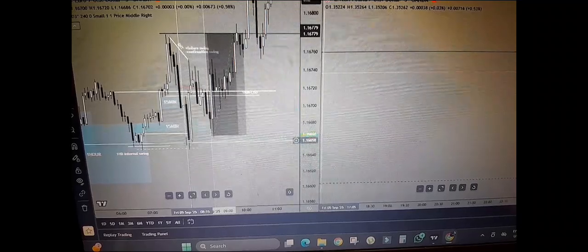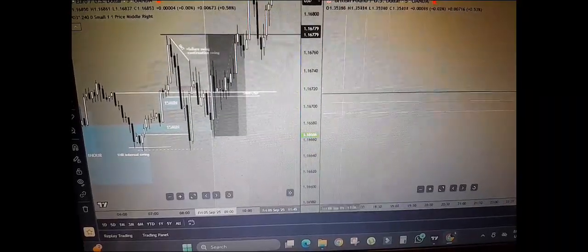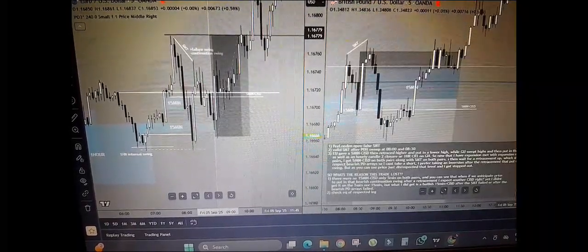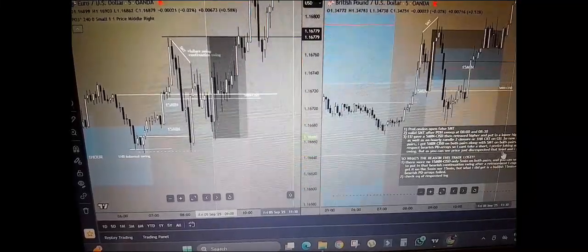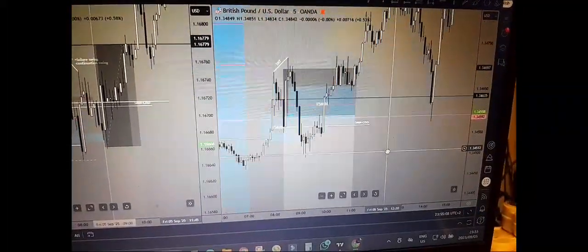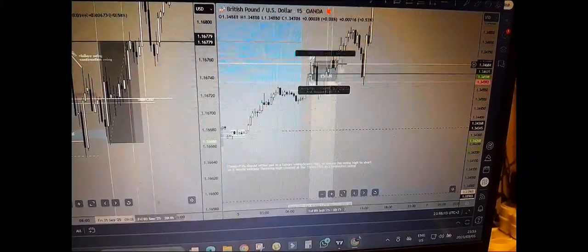Price traded into it, but invalidated the bearish SMT and that bearish hourly CRT level that we saw on GBP USD, and then it just kept on going up. So you can see, let me actually go to the 15-minute again.